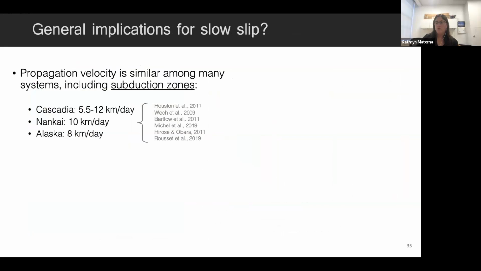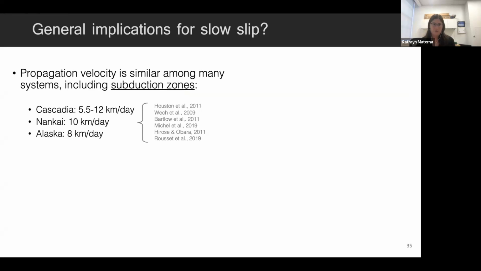So as we broaden our perspective a little bit, many pieces of research have been performed on slow slip events in subduction zones, as well as slow slip events on strike slip faults.